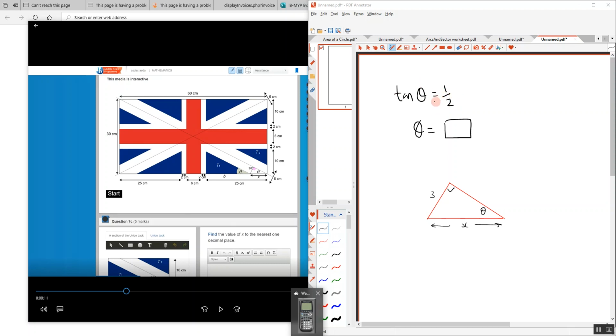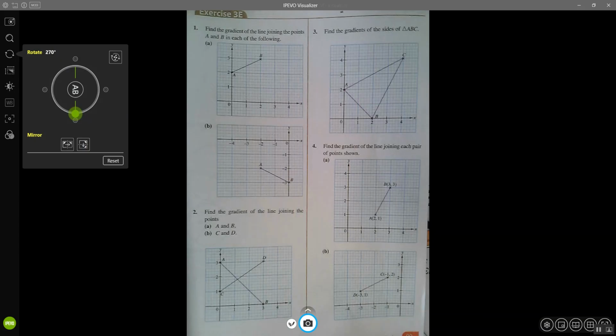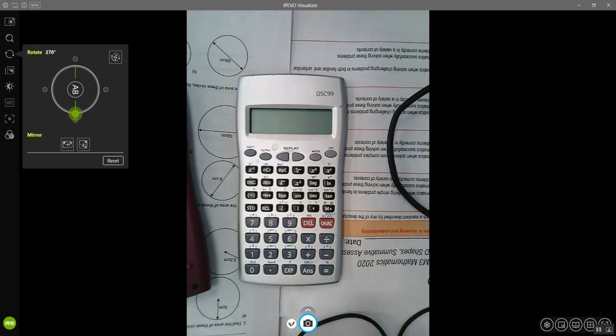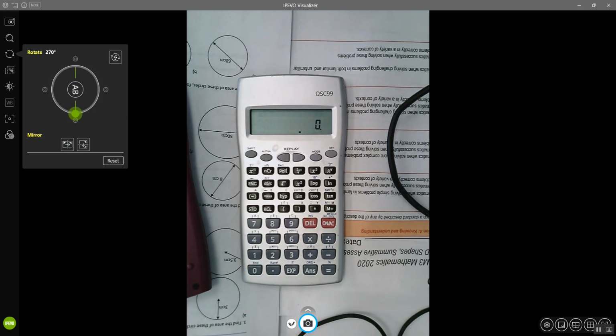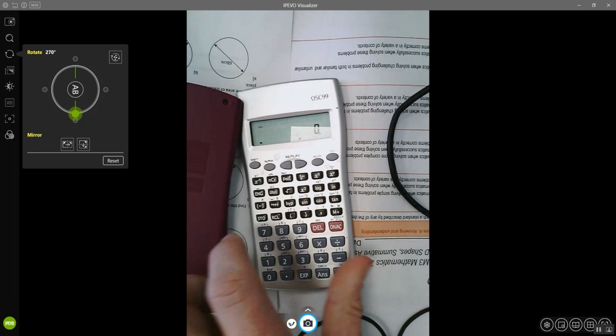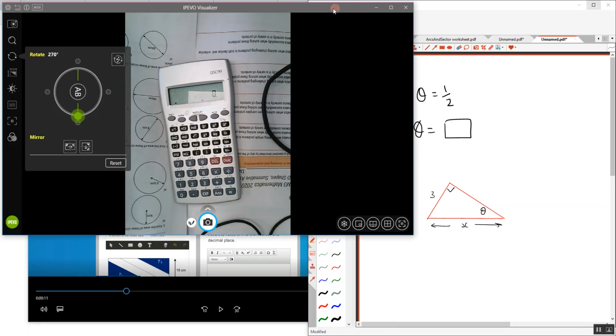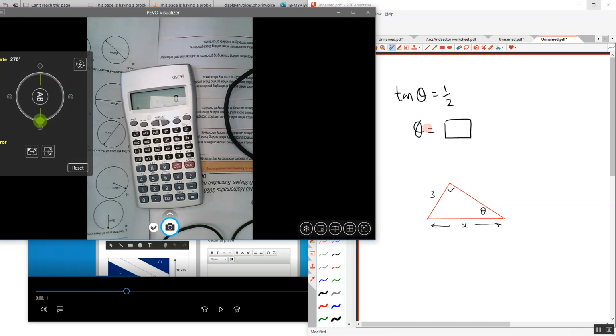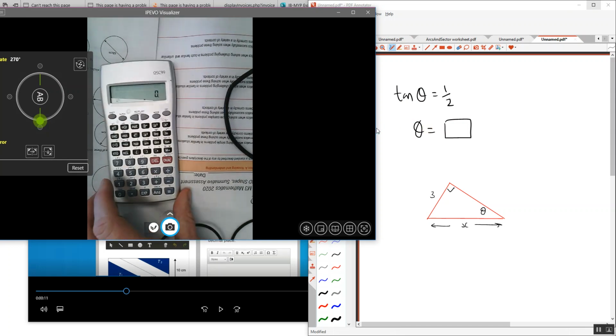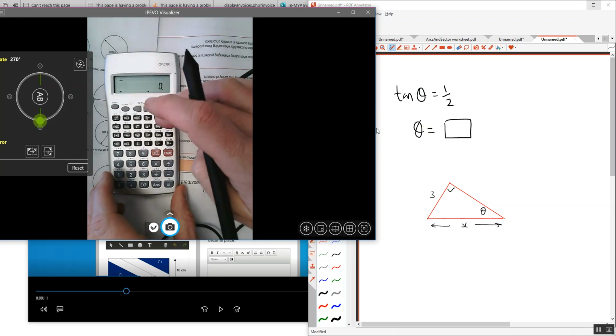So to work out what theta is, what do we do? How do we work out theta? Tan theta equals a half. How do I work out what theta is? Inverse.